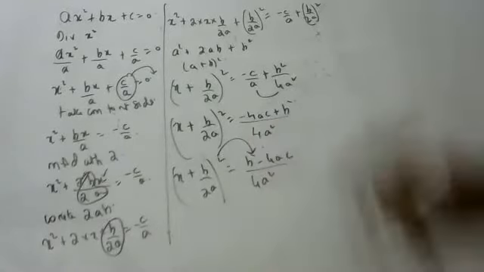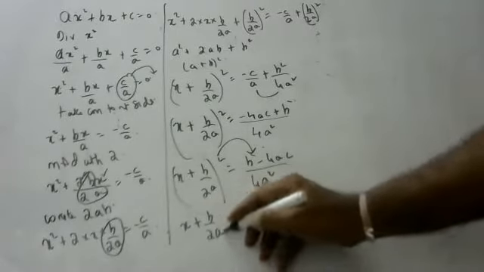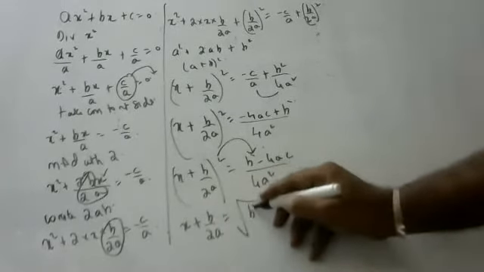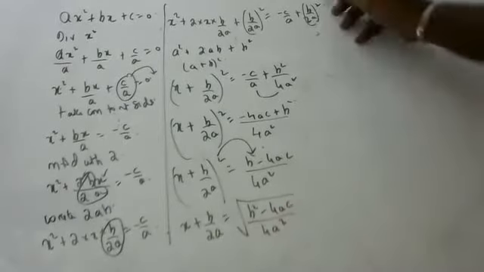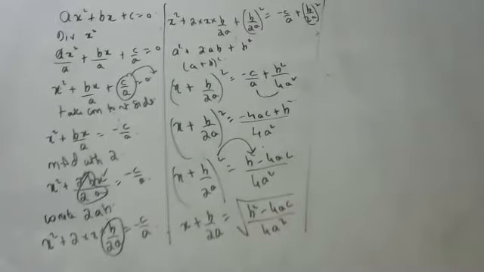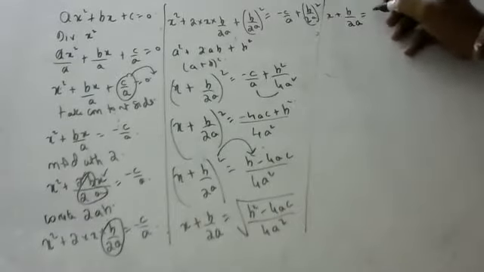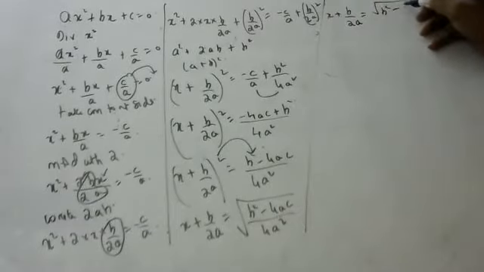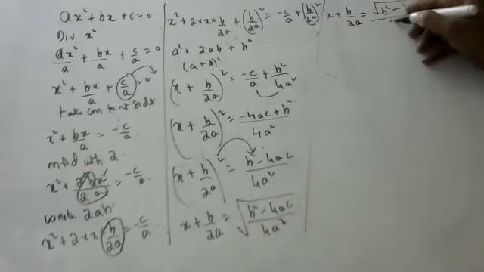Bring this root here. When you bring this root here, x plus b by 2a is equal to under root of b square minus 4ac by 4a square. Try to understand, children. The square root of 4a square is 2a.